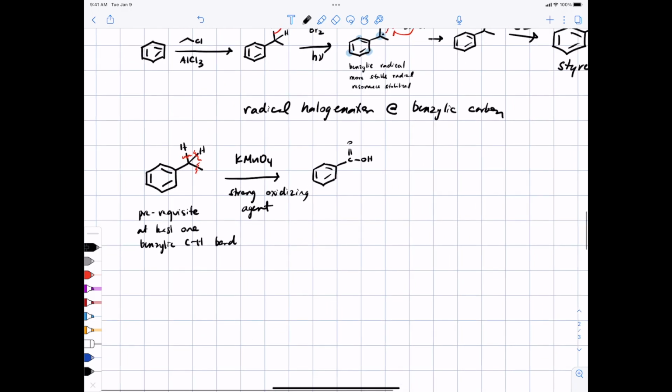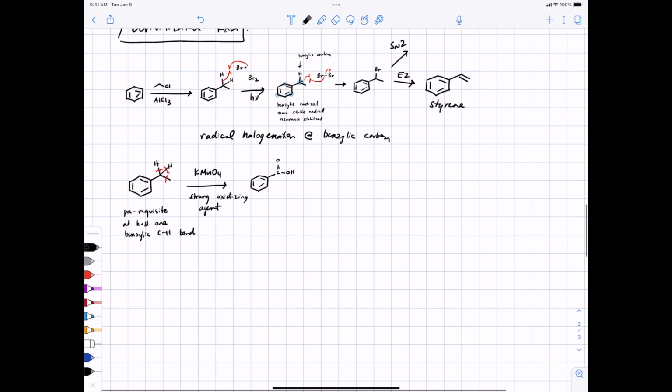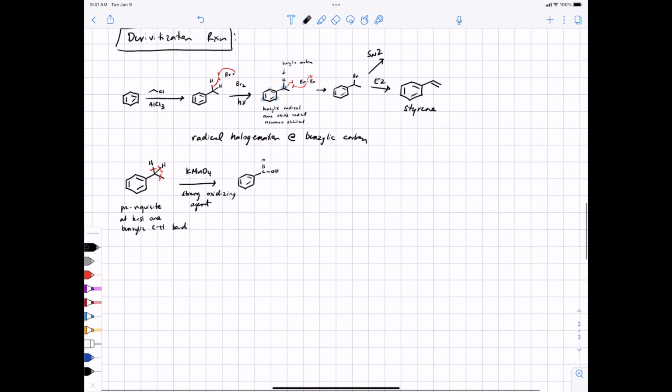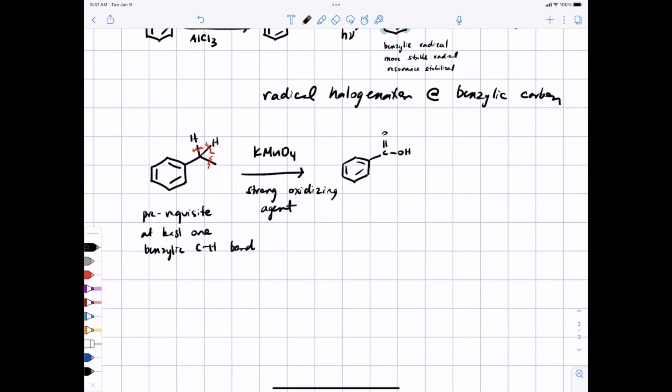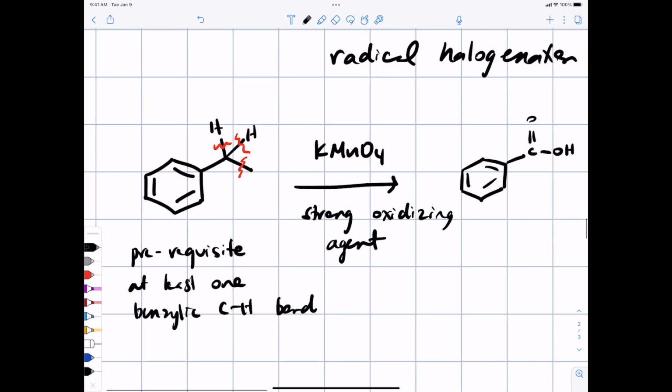Remember back when we talked about nitrobenzene, we had a reaction where you could convert an electron withdrawing nitro group into an electron donating amino group.